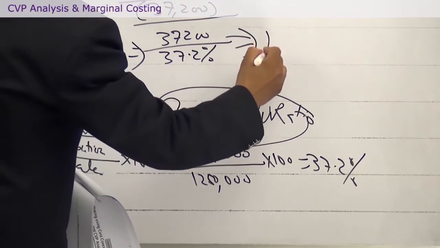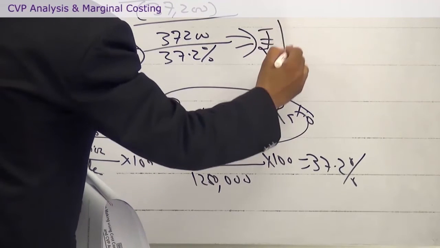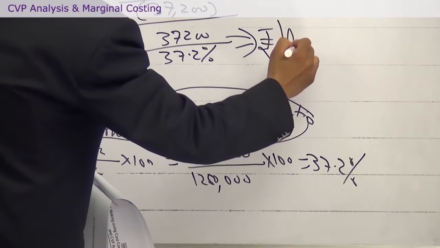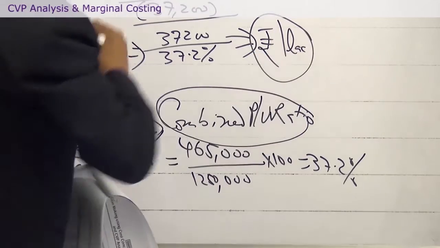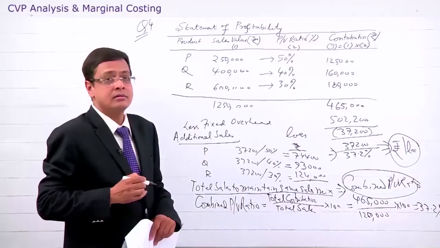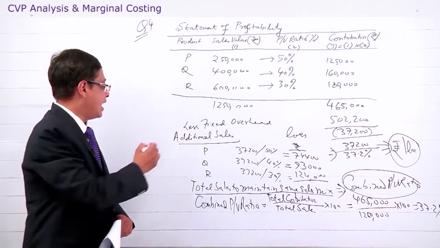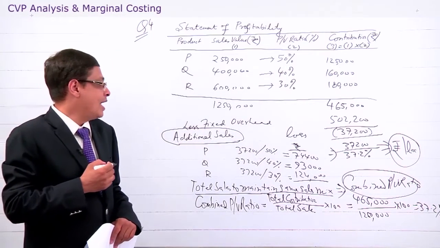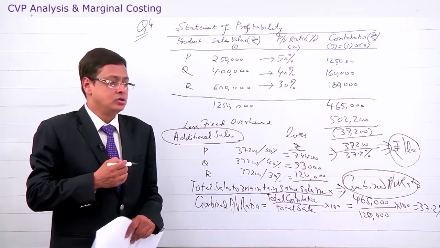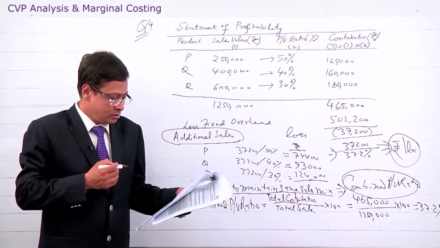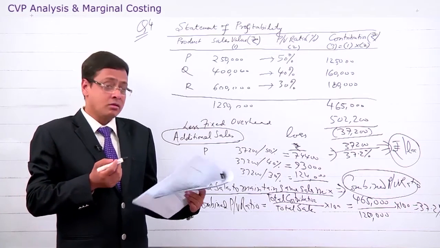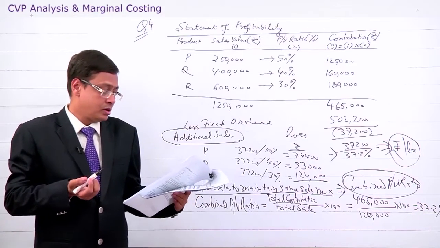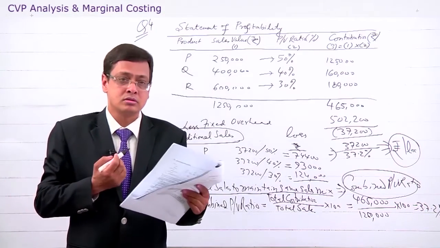This works out to rupees 1 lakh. So, rupees 1 lakh needs to be the additional sales. If you can make 1 lakh extra sale, you are in a position to solve the worry of your management, because then there will be no loss.